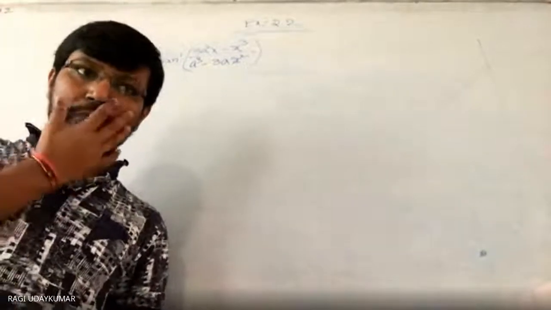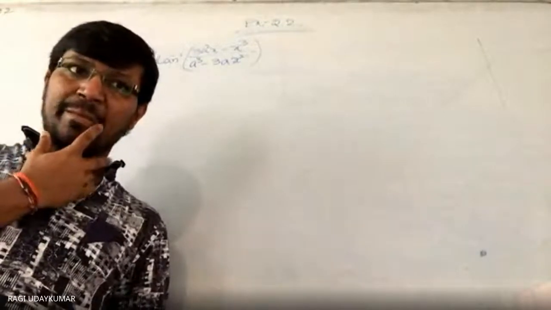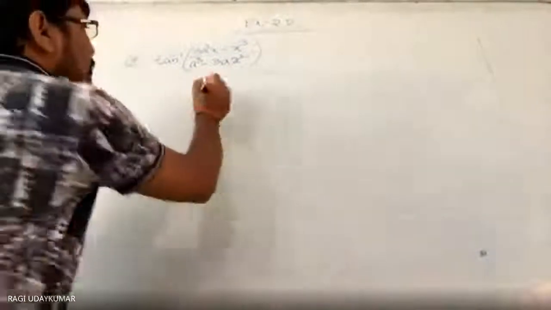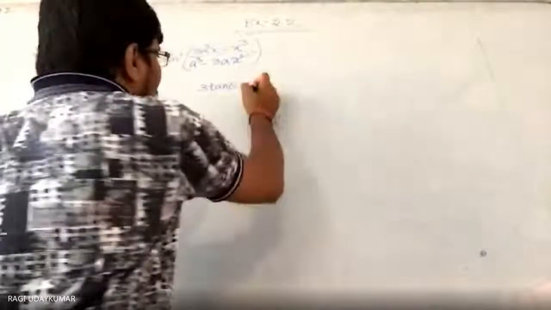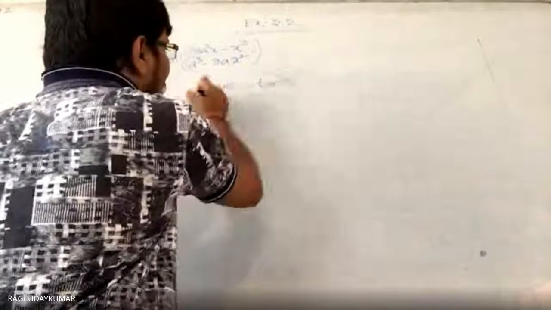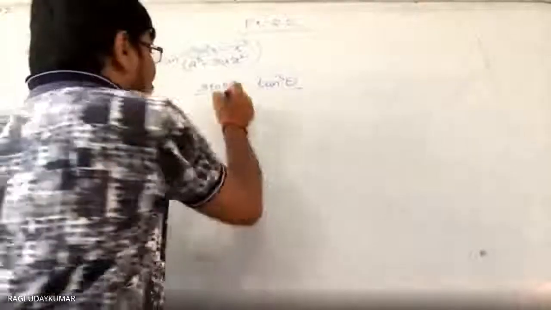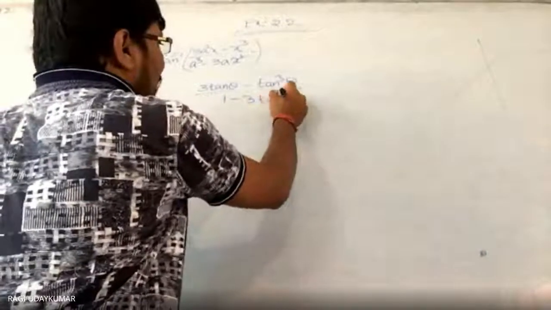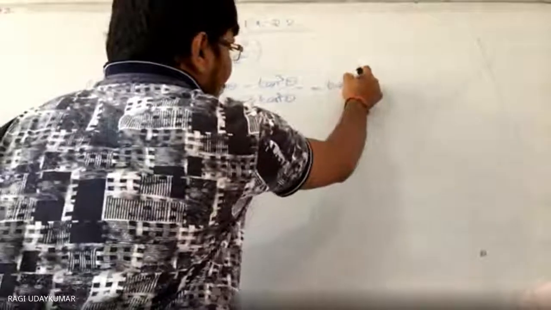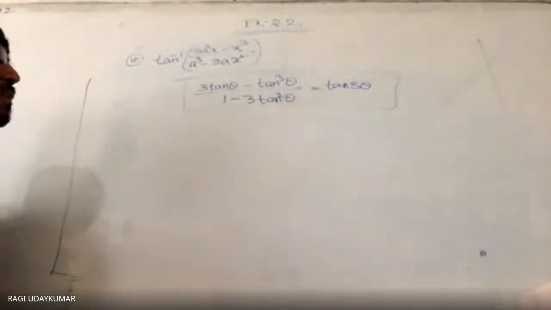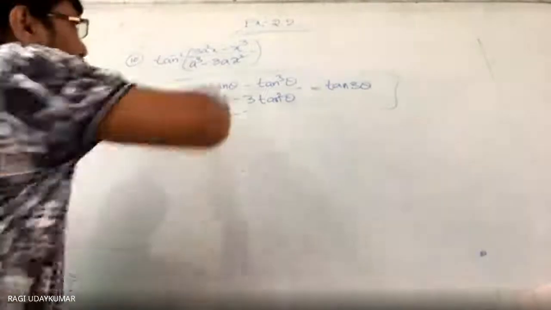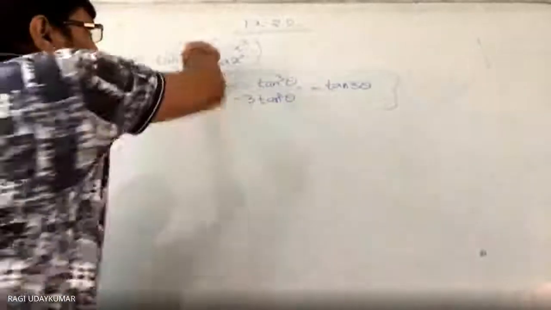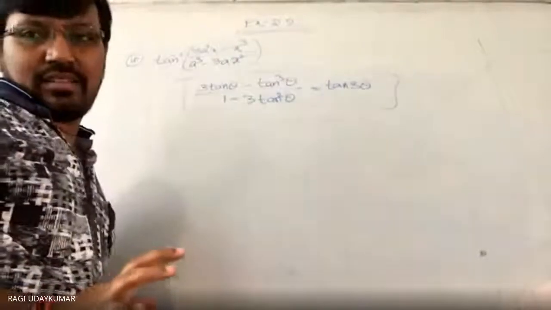You have to recall the formula: 3 tan theta minus tan cube theta by 1 minus 3 tan square theta is equal to tan 3 theta. This formula you need to recall. Little bit like that only it is appearing, 3 tan theta, but in the place of x you are having tan, and a square extra is there.